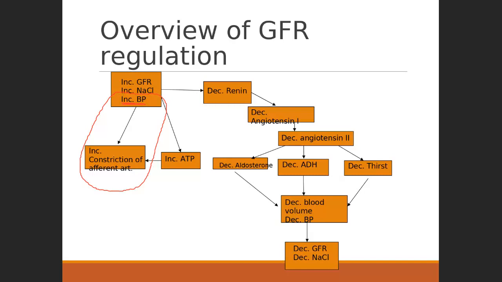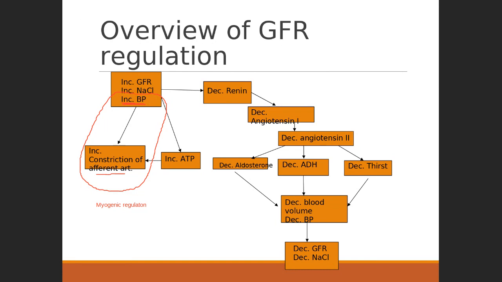Increased blood pressure, constriction of the afferent arteriole. Those were our myogenics. The rest of this diagram is tubuloglomerular feedback. When I say increase salt, that means increased salt at the distal convoluted tubule.